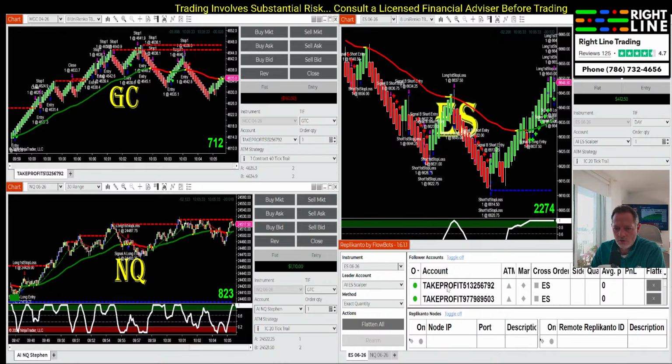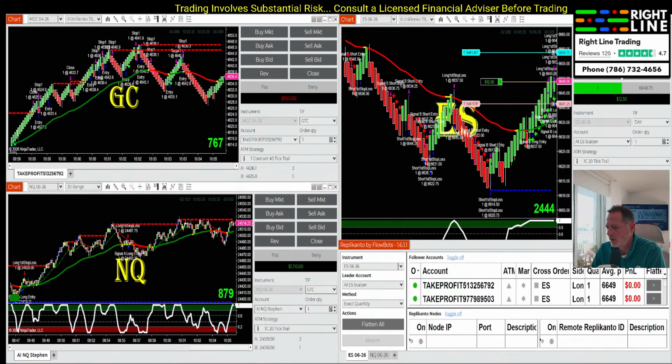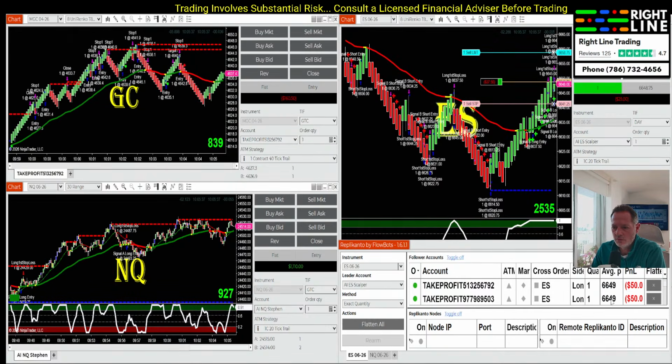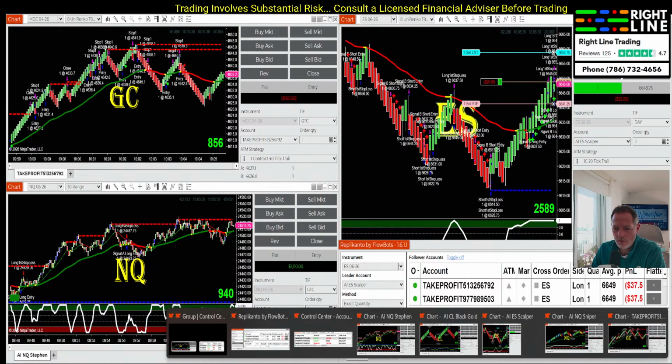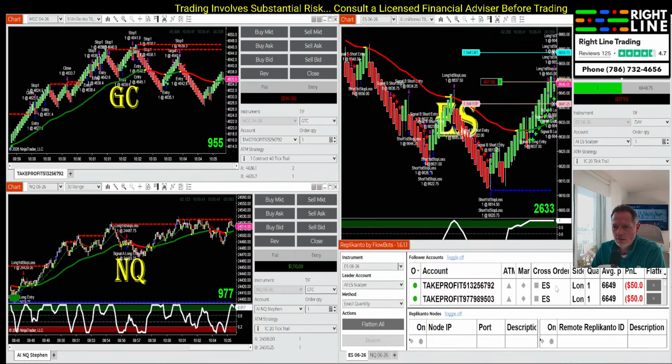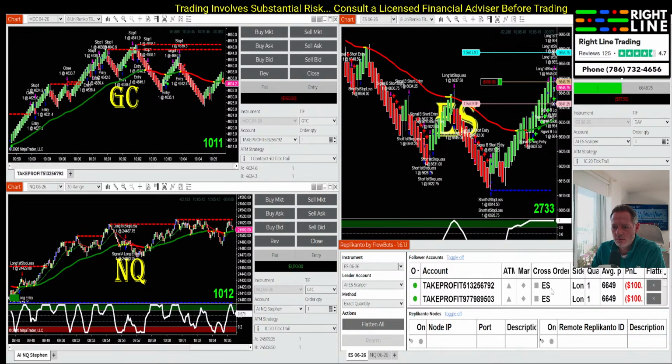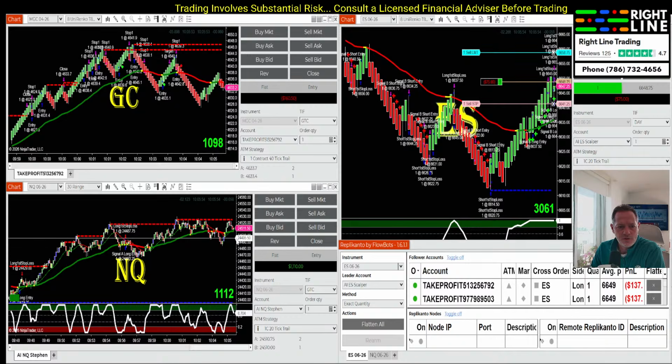Okay, got a couple loaded up here on the ES scalper again. See if we can catch this guy going north one more time. And we got the ES scalper in here one more time. NQ trying to push up here, pushing up through the 24,500 range.